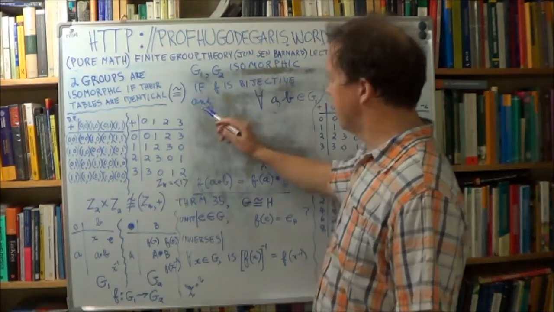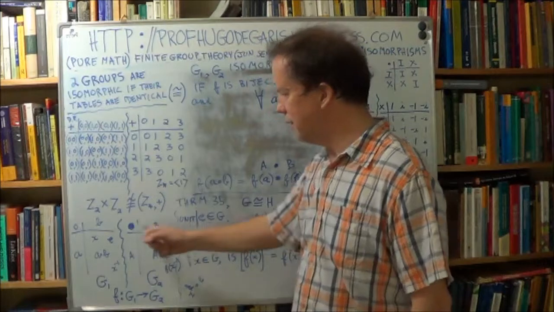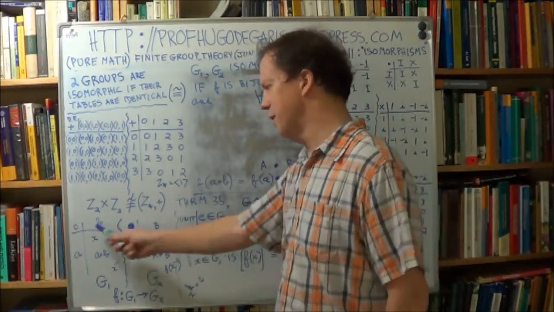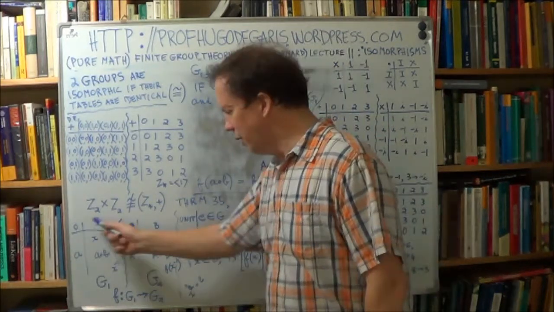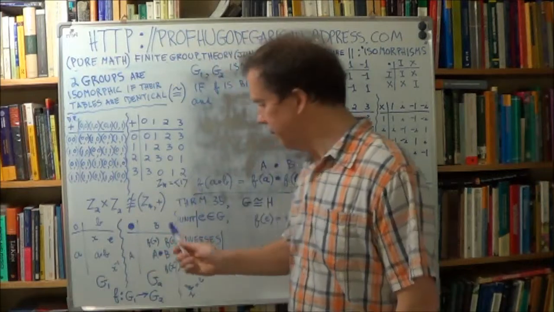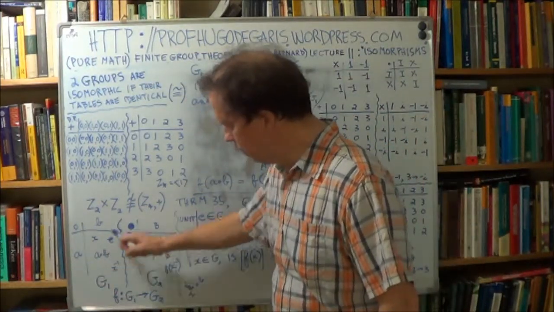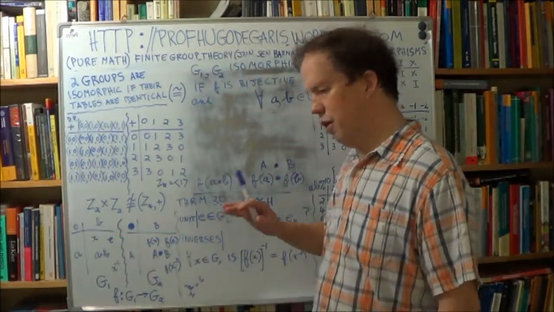Now, that's not enough. You may be able to translate this set into this set 1 to 1. That's not too difficult, especially when the two groups have the same order. But what you want is that every entry in the table corresponds.